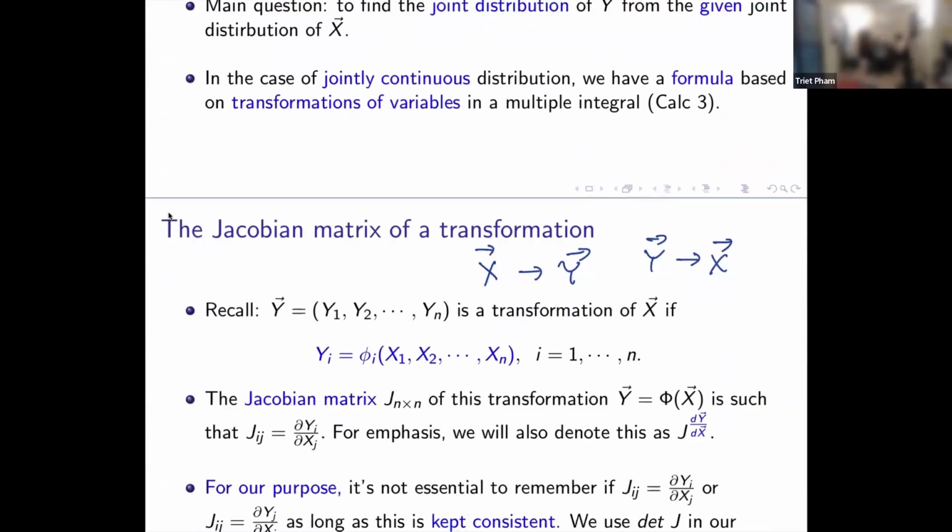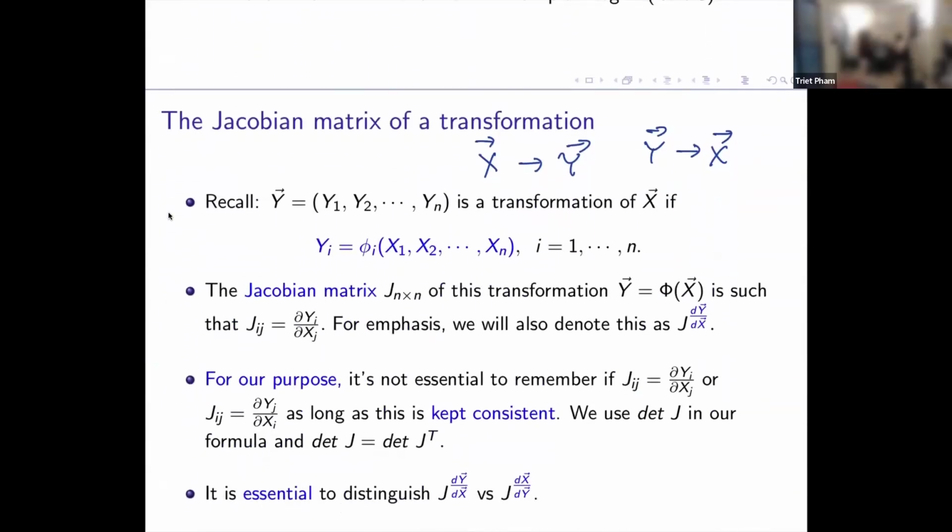But to help us distinguish which direction, when we look at the movement from X to Y, we denote the notation here as Jacobian dy over dx. This is my own invention as far as I can tell. I'm not sure if people do this; they might have other ways to do so.